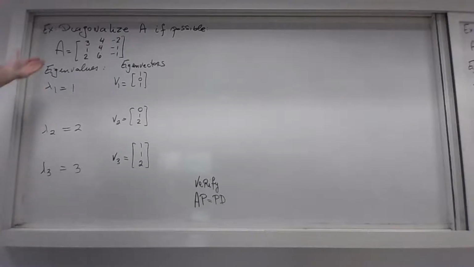Therefore, this matrix A will be diagonalizable. That's one of the results: if I have 3 distinct eigenvalues, I'll have 3 linearly independent eigenvectors. Therefore, my matrix A will be diagonalizable.